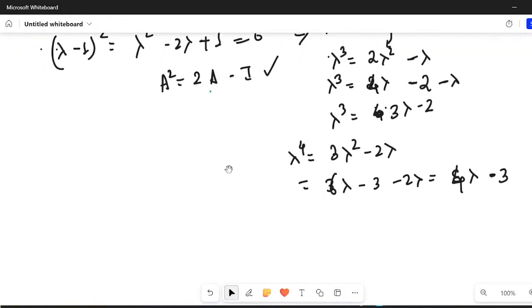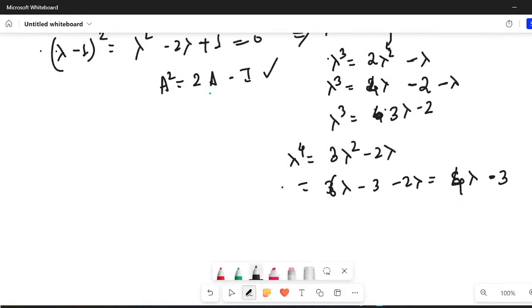Okay, so I hope it is clear that let's say if the power is 2n here, what I'm getting is 2n here, and here I'm getting 2n minus 1. Is that clear?